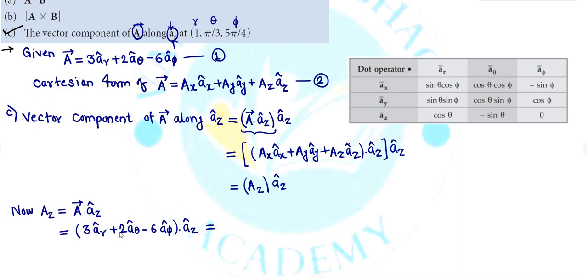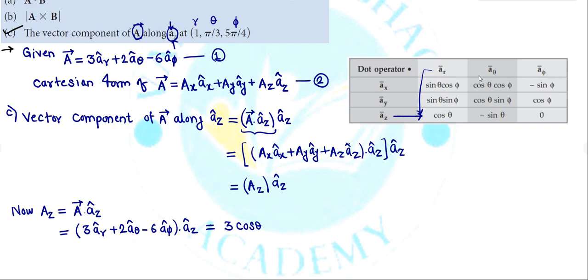Find out the dot product between AR and AZ. The dot product between AR and AZ will be cos of theta, which is with the 3 magnitude. So that will be 3 cos of theta.